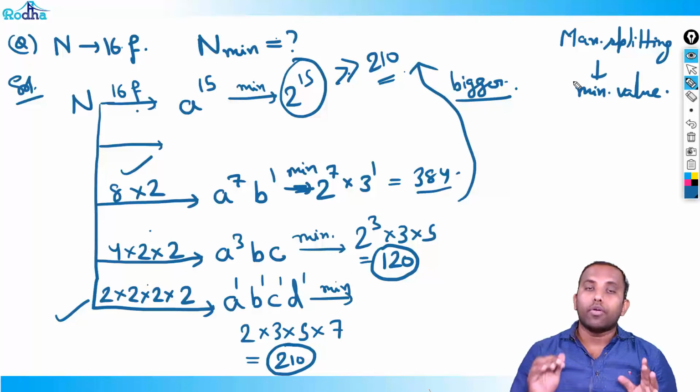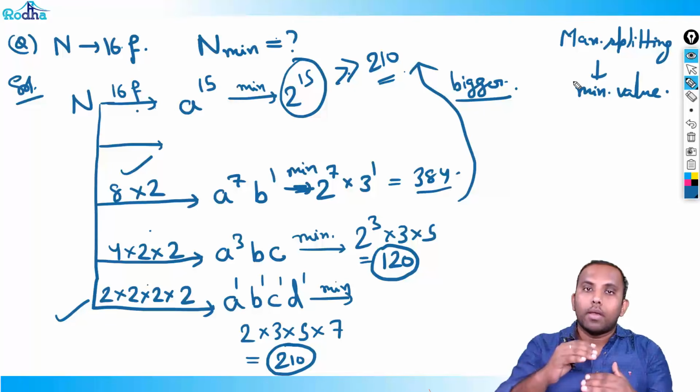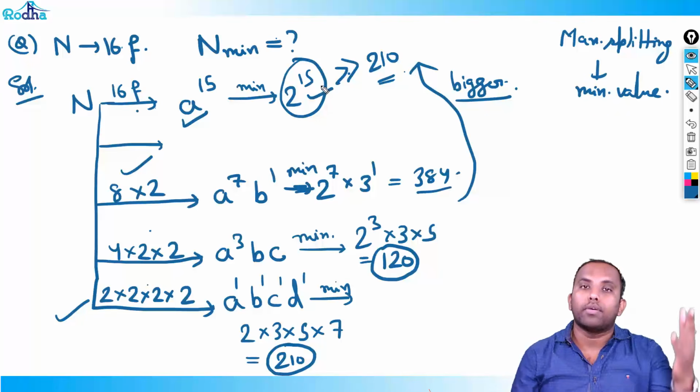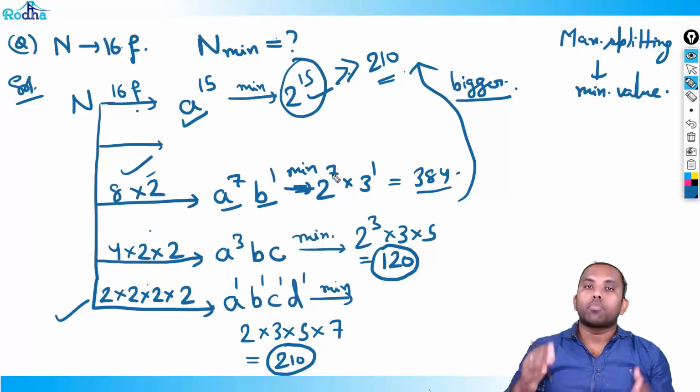Because when you split into fewer parts, the power will be more. Like here a raised to 15, so 2 raised to 15 is a much bigger power. Here also 8 into 2, a raised to 7 into b raised to 1, so again 2 raised to 7 is a bigger power. If you split into fewer parts, the power is more, so the number will be more.